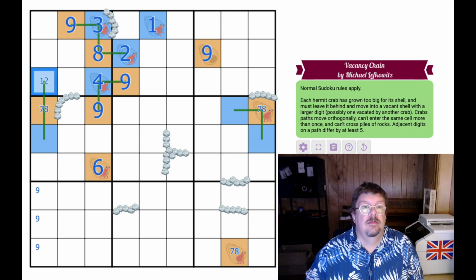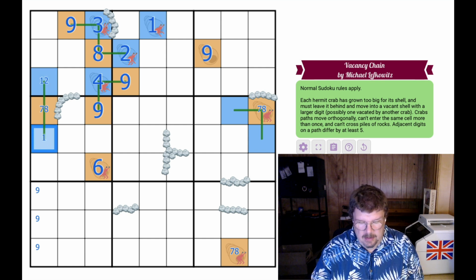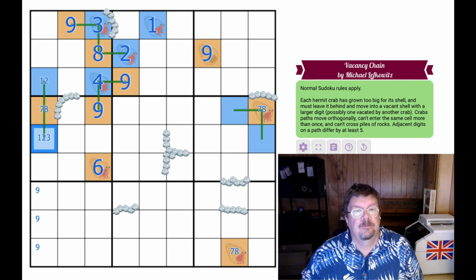That's a 1 or a 2. So we've already got 3 and 4 in the box. That could be 1, 2, or 3. But so this has to connect in here. Okay, I can't come round this way because I've already got 3 high digits in the box.